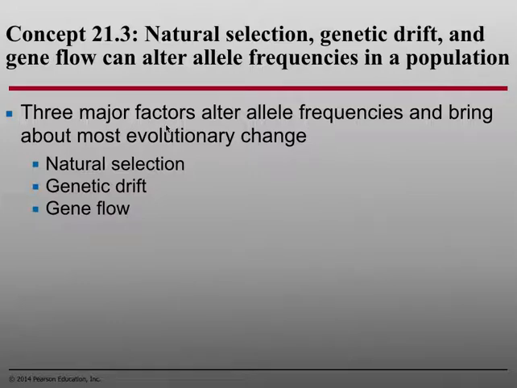Using that equation, we can determine if a population is staying constant and not evolving, or more likely it is evolving. So three things can alter this Hardy-Weinberg equilibrium, okay, and it's natural selection, genetic drift, and gene flow.